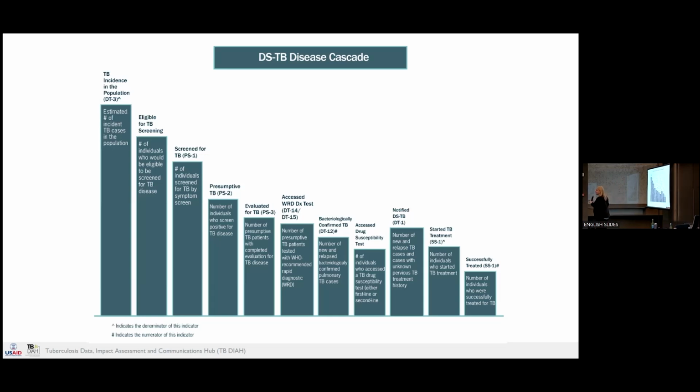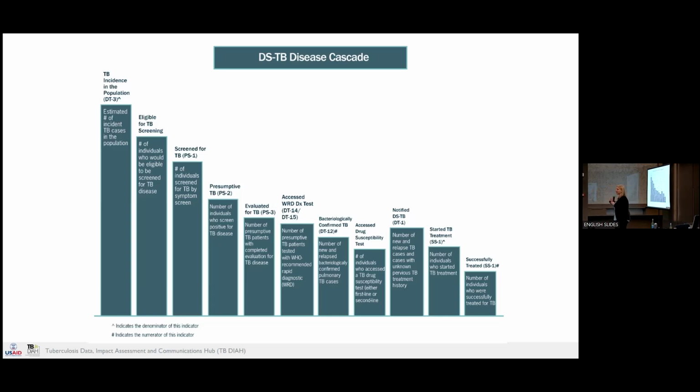It does not have to be here, to start with the estimated number of cases and then show the screening cascade. It's not logical.